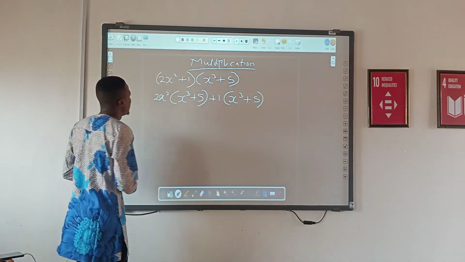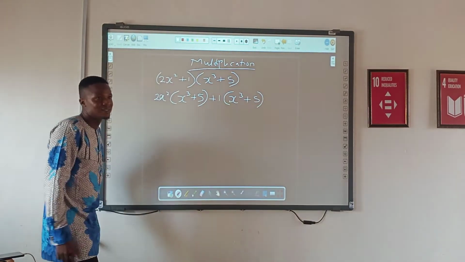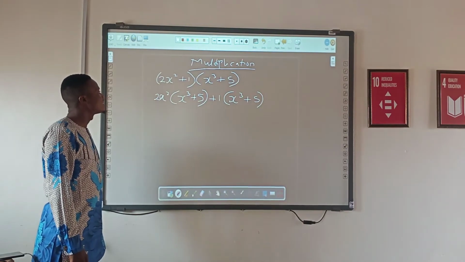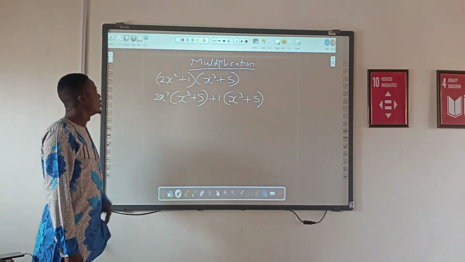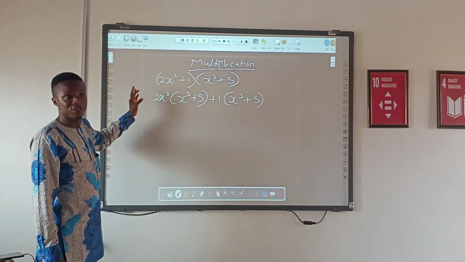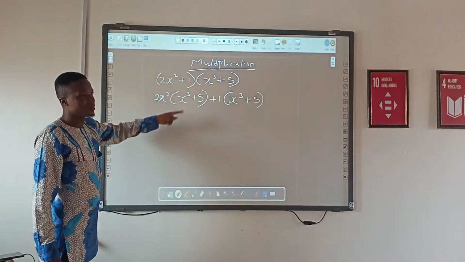Yes, sir. Okay. Now 2x squared times x cubed. It's going to be 2x raised to power 5 here. 2x raised to power 5, correct? If you know indices, you should know that the power is 5, isn't it? Yes. Because you are adding the what? The powers, when their bases are the same.